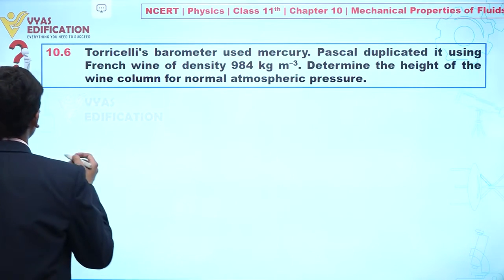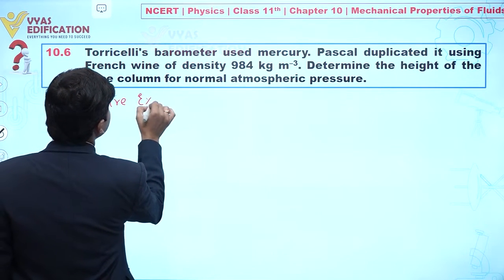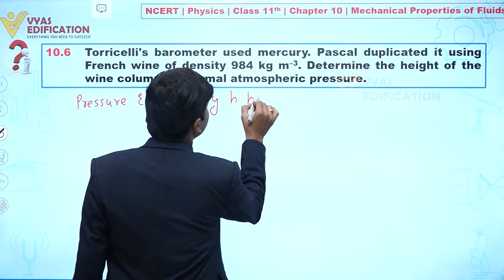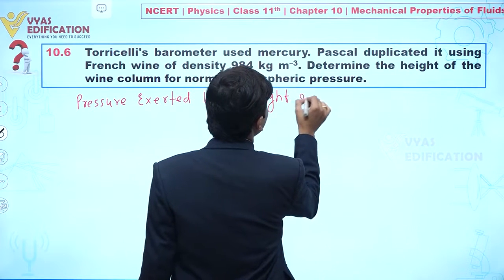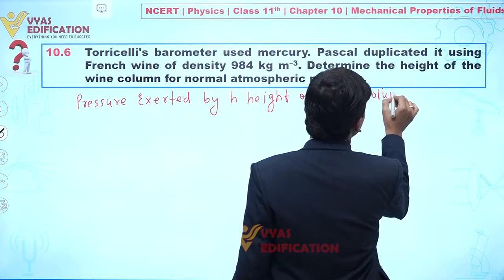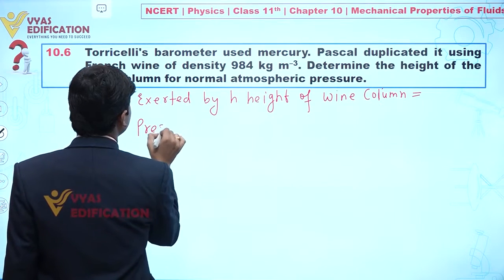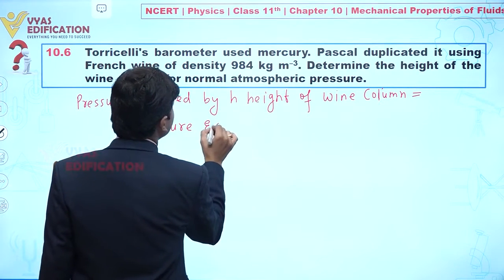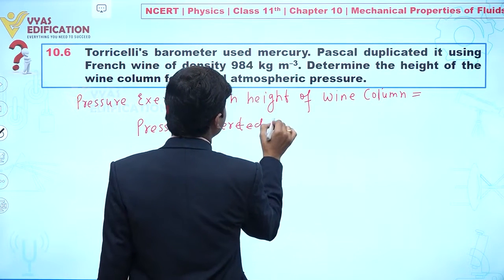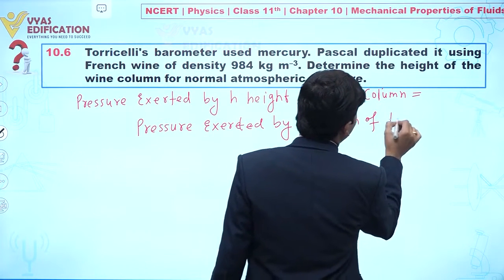So directly we can see, the pressure exerted by h height of wine column should be equal to the pressure exerted by 760 mm of mercury column.